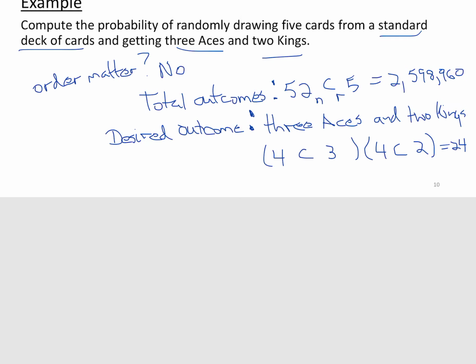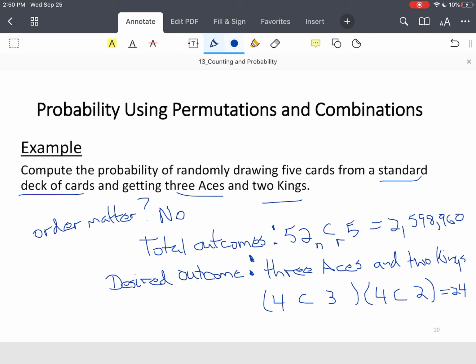Now we're going to find the probability. Theoretical probability is your desired outcome, which is 24, divided by your total outcomes, 2,598,960.